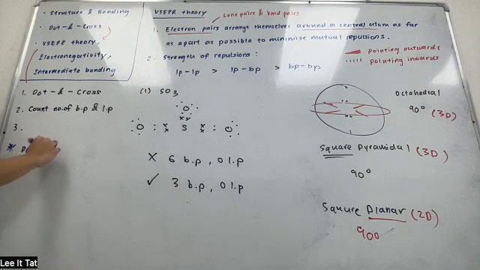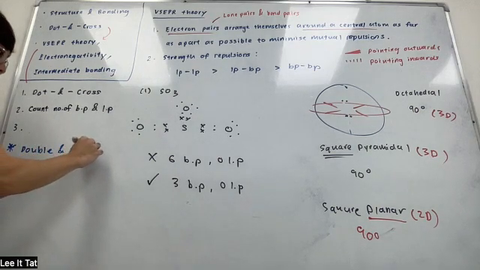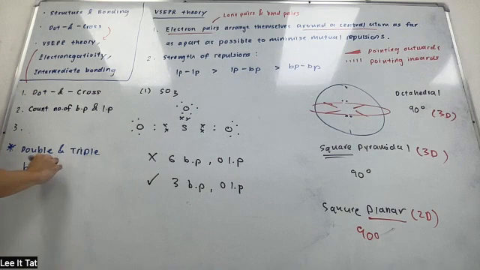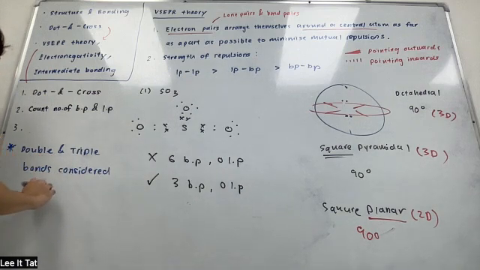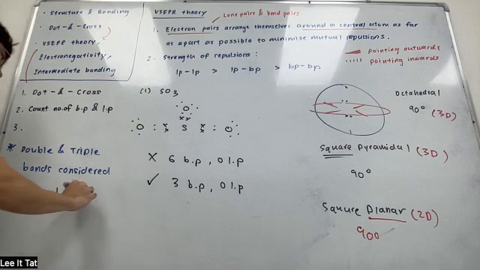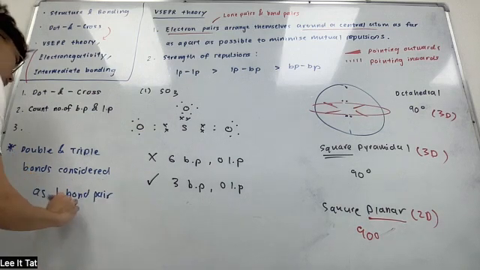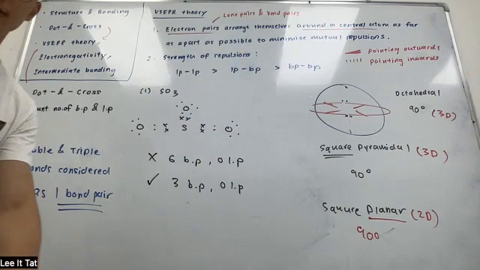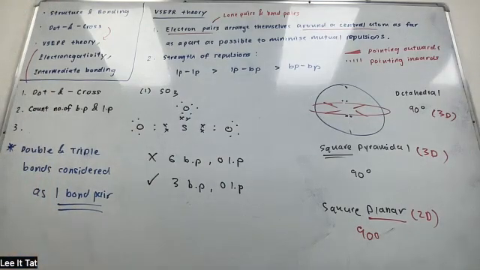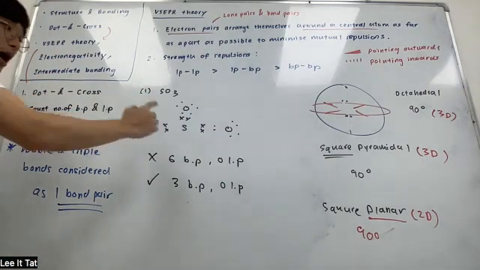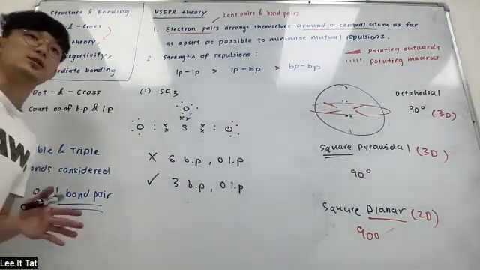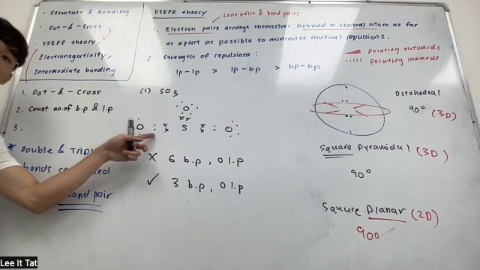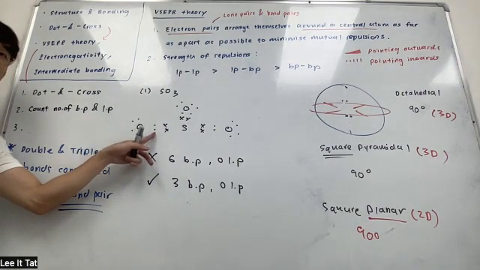Double and triple bonds are still considered as one bond pair. I'll explain why. So you only have 3 double bonds, so it's 3 bond pairs only. The reason why is because, guys, are you splitting the double bond?